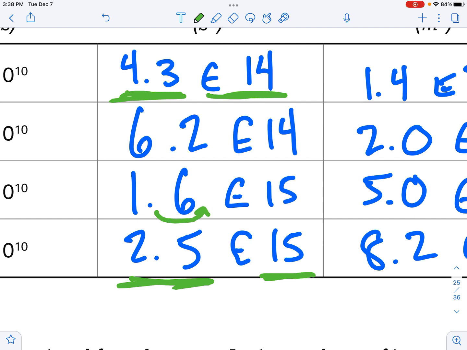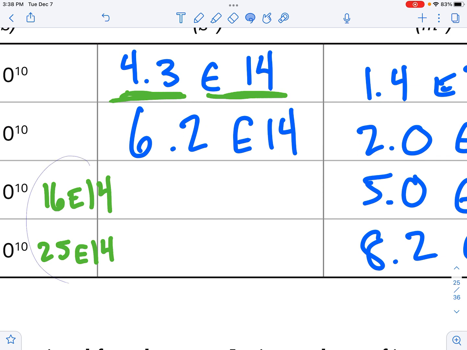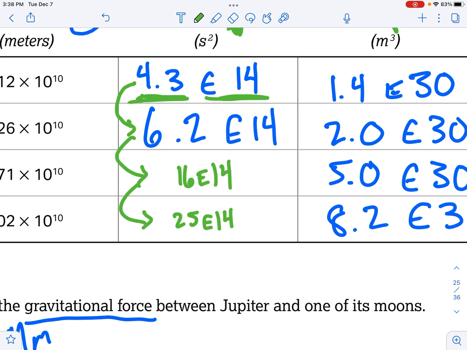So if I turn this into 16 times 10 to the 14th and 25 times 10 to the 14th, that'll make this read a little bit easier. 4.3 to 6.2, 6.2 to 16, 16 to 25.